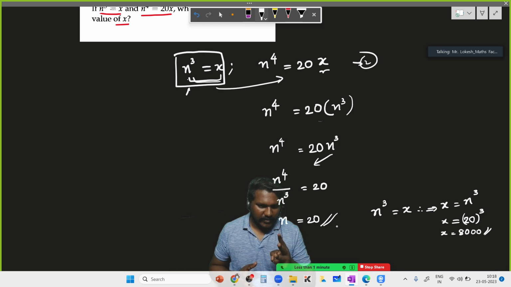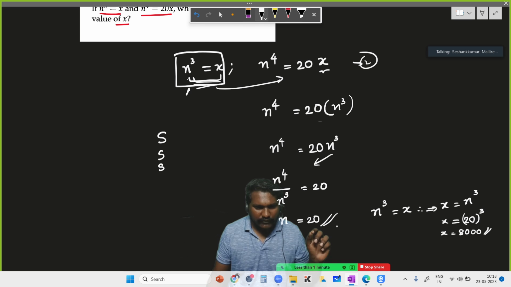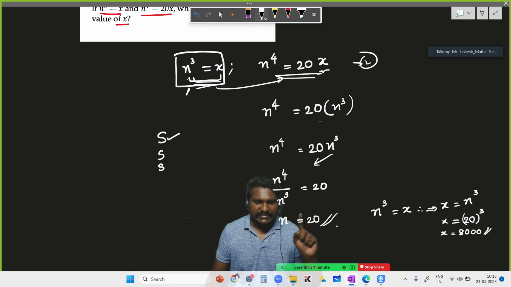If we are given two equations in two variables, what we have to do is select the simpler equation out of those two, simplify it in terms of a single variable, and substitute it into the other equation. Then we'll get the answer.